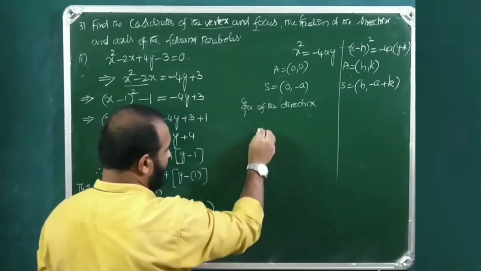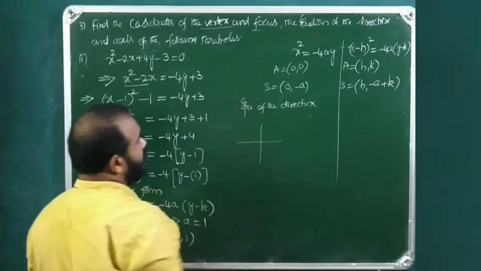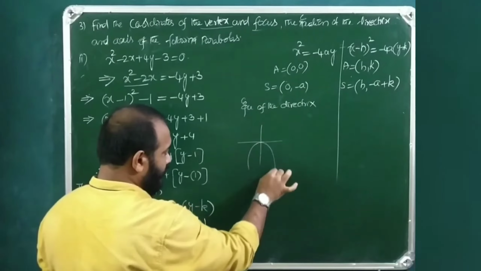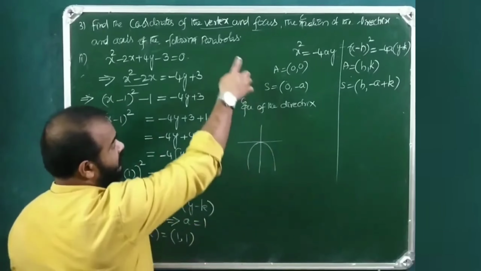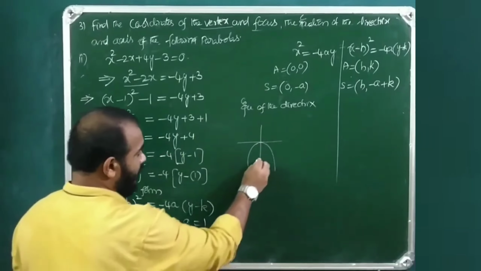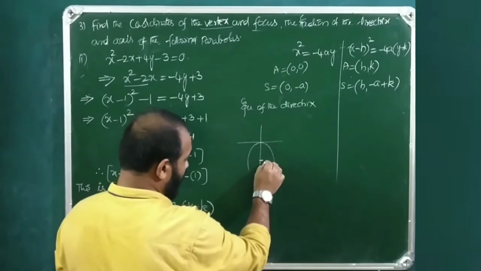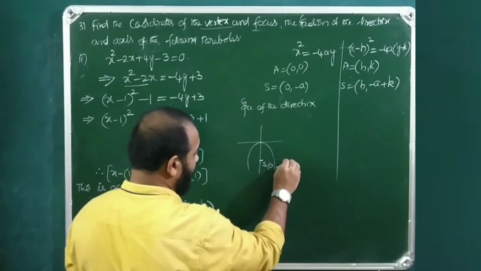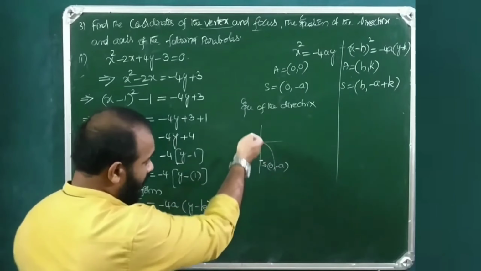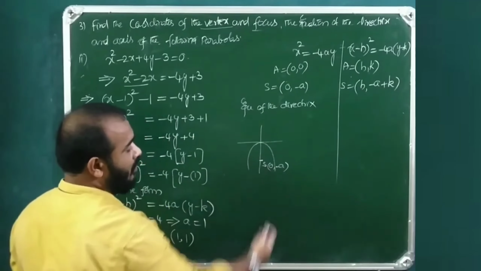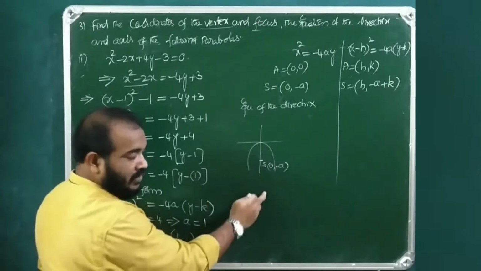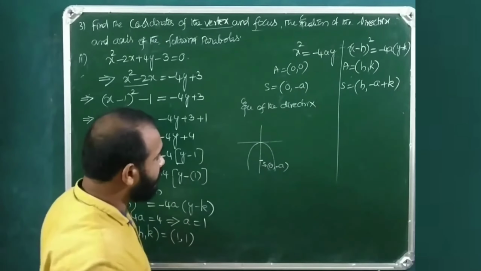If you are confused with the parabola, then I will draw it for you. So this is the parabola x square equals minus 4ay, and this is the focus, which is 0 comma minus a, lying on the downside of the y-axis. Therefore 0 comma minus a. On the y-axis, the x coordinate is 0. Since it is the negative y-axis, minus a.